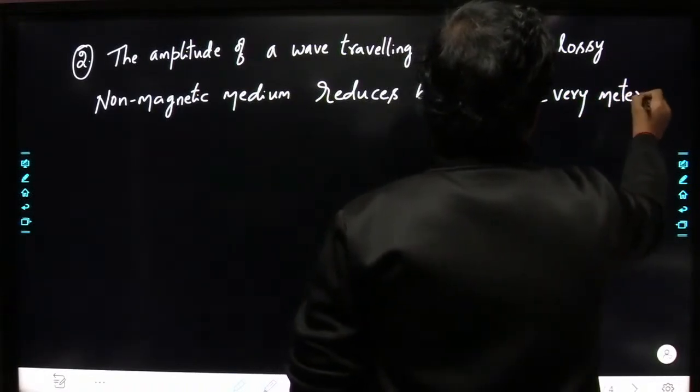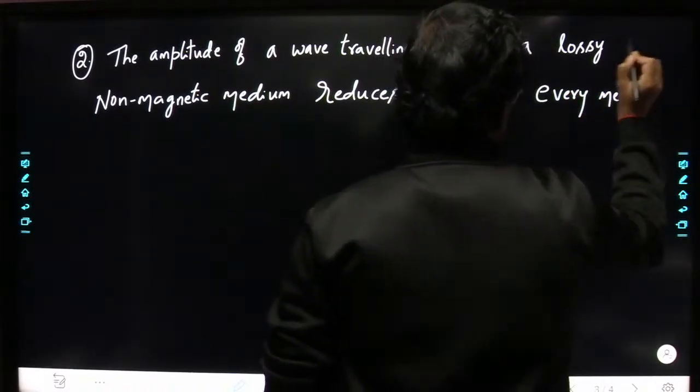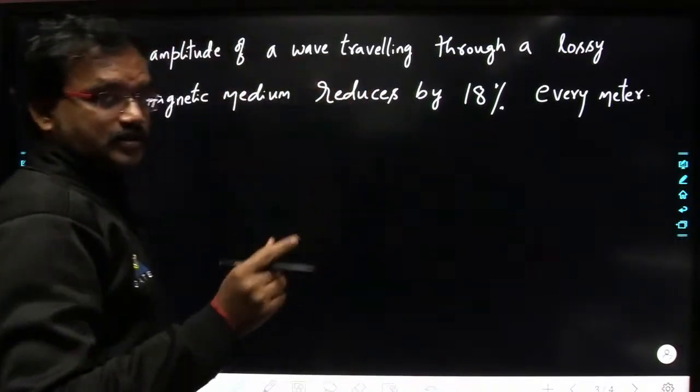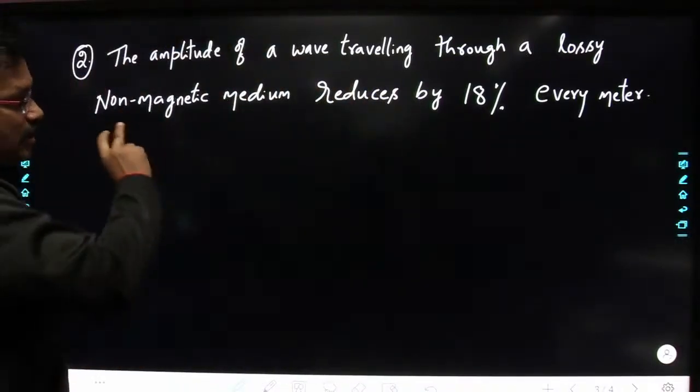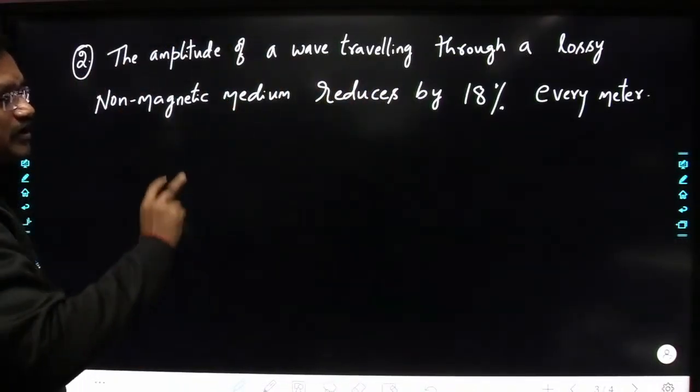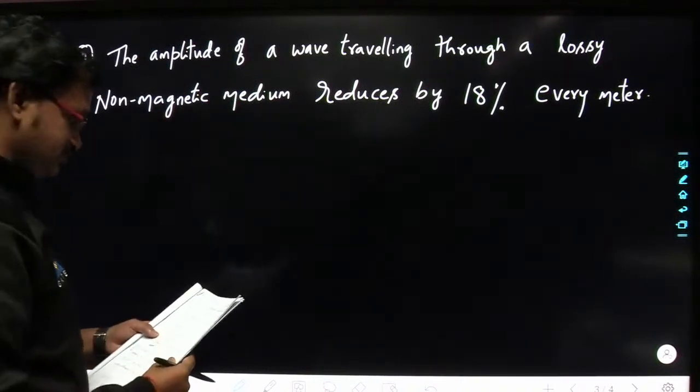So for every meter, the amplitude will be reduced by 18%, right?